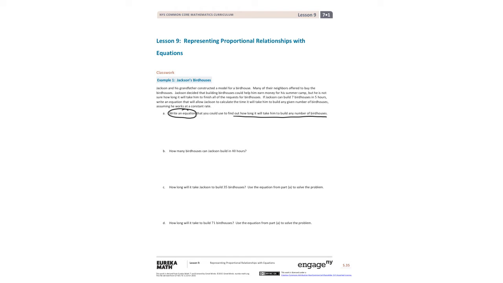First, what we need to do is find out how long it will take him to build one birdhouse. To do this, we need to find our constant. So our constant, K, equals Y over X. And now we need to remember that we need to find one birdhouse.